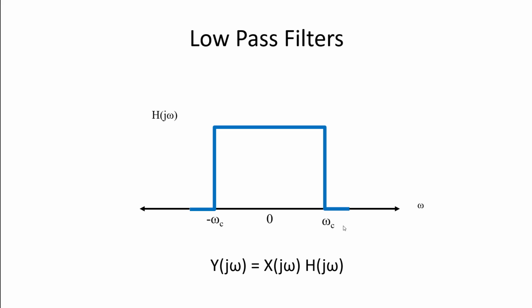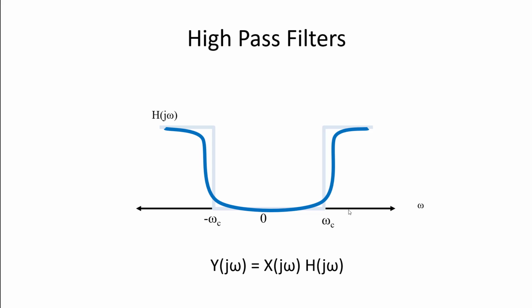These frequency plots I've been showing you are pictures of ideal filters where we only have values of 1 and 0. In reality, our filters do not just have values of 1 and 0. We transition between 1 and 0, or between some maximum and 0. So this is how a real low-pass filter might appear.